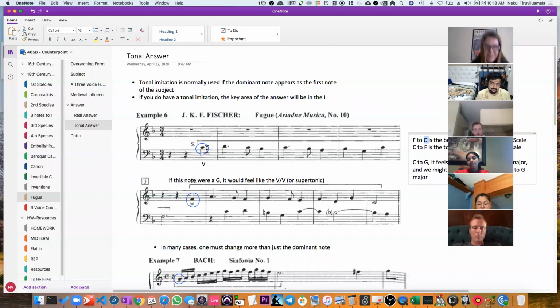So already we're kind of losing the sense of the tonic tonality by using this dominant note. If we transpose this up a fifth, it could feel that much more removed from this tonic tonality. So that's why we change the G to an F. Basically, we change the fifth to the fourth, okay?